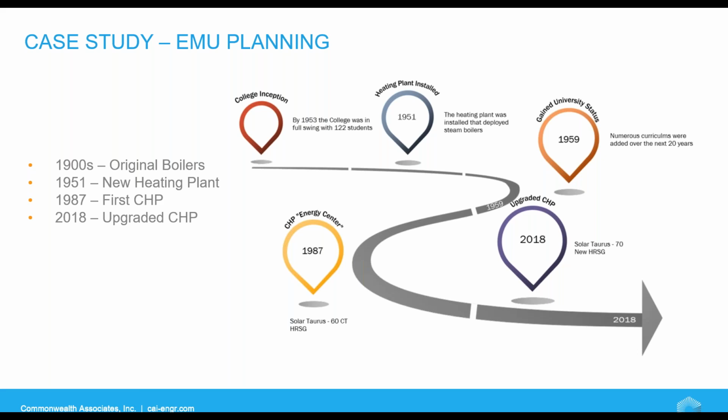The original physical plant, built in the 1900s, supplied steam to just a few nearby buildings, including the former Ford Hall through one of the tunnels that is still in use today. And as the campus grew, the heating load grew, and in 1951, the university built the current heating plant to provide steam to the expanding campus buildings for heating and hot water. In 1987, they installed a Solar 60 CTG, and the heating plant began to generate electricity.